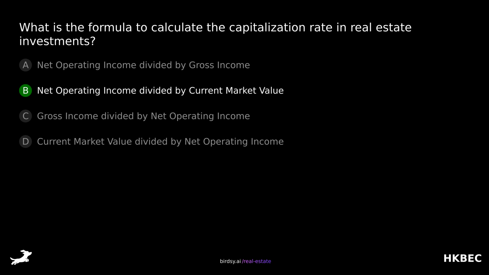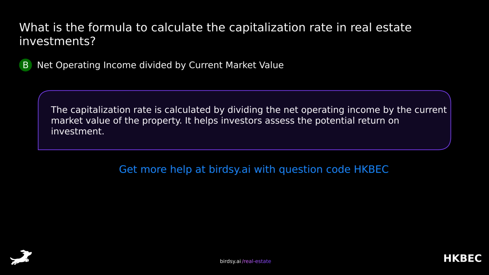The answer is B, net operating income divided by current market value. The capitalization rate is calculated by dividing the net operating income by the current market value of the property. It helps investors assess the potential return on investment.